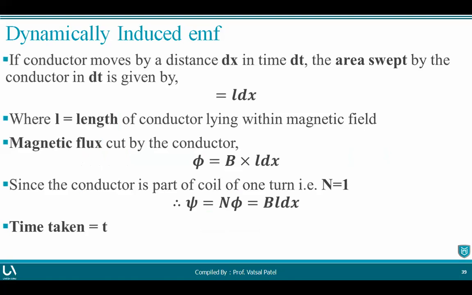L is equal to what? The length of the conductor which is lying within the magnetic field. So the magnetic flux which is cut by the conductor, phi, is equal to B into L dx. Right? So flux phi is equal to B L dx, where L dx is the area. B is equal to what?